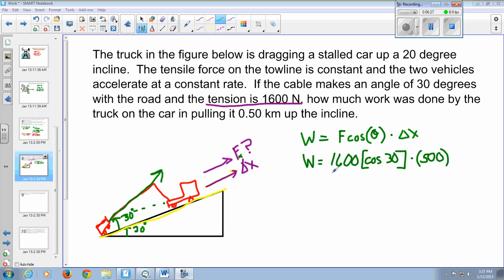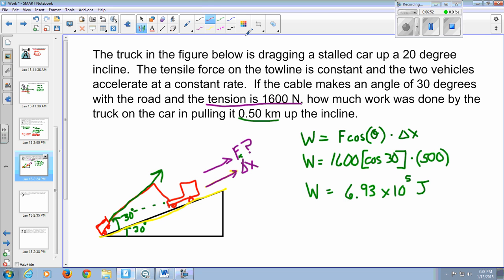So when we plug our numbers in, we get 1600 newtons times the cosine of 30. Why are we using 30 degrees? Because we want the angle measured from the surface we're displacing on, times 500 meters. We take the 0.5 kilometers and change that to meters to put it into fundamental units, and we calculate.